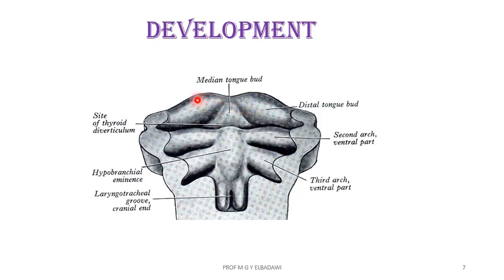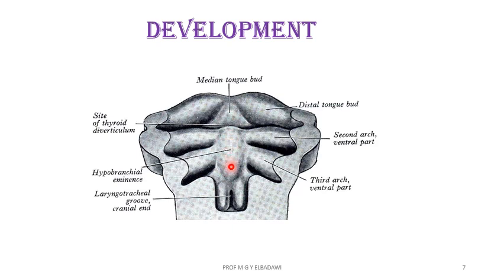From the first arch, as you can see, there is one swelling which we call the tuberculum impar, and two lateral lingual swellings.